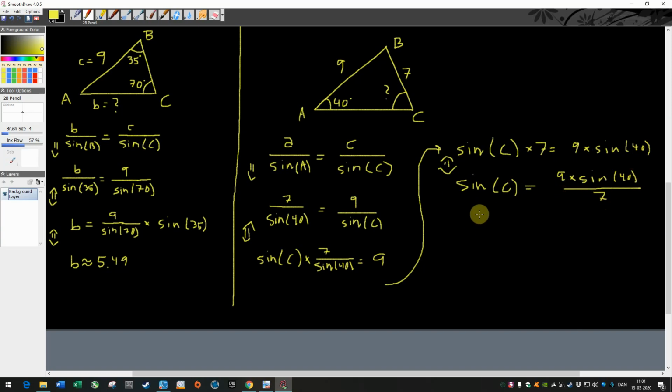And then you have to remember, what is the opposite of sine? Well, that is the inverse of sine. So you take the inverse of sine on both sides, so that you're left with angle C on the left hand side. So you take the inverse of sine to that fraction. And then we will do that on our calculator.